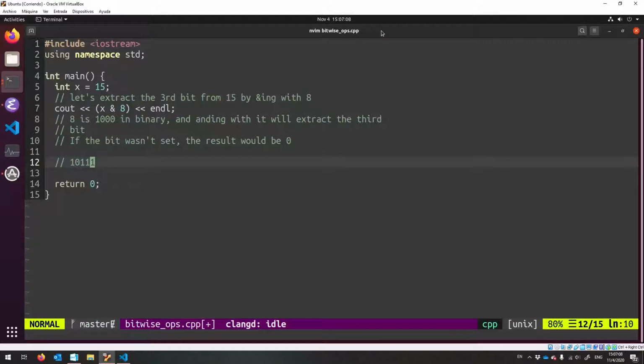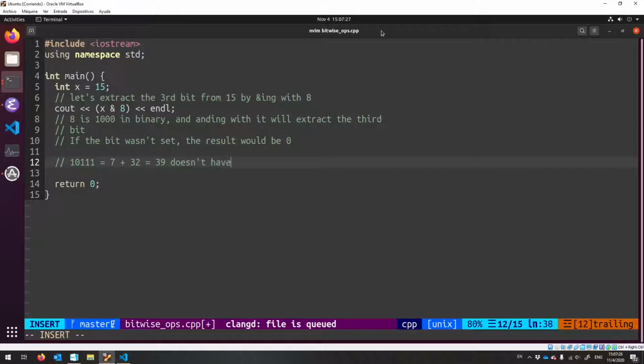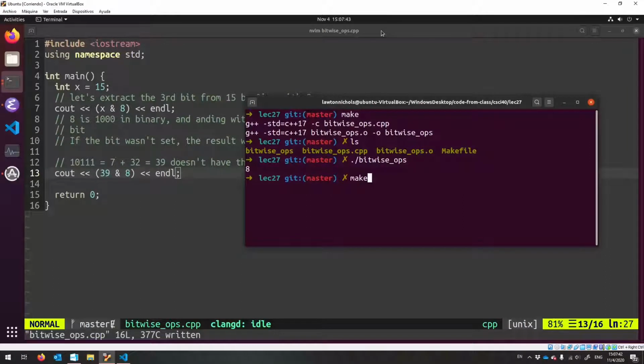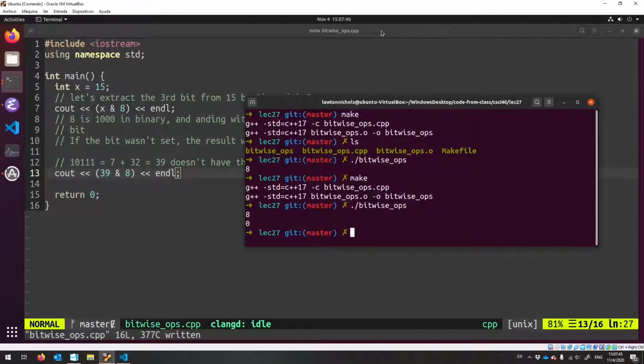So it's going to be 4 plus 2 plus 1, which is 7, plus not 16, but 32, equals 39, doesn't have the third bit set. So if I do cout 39 AND 8, this will actually print out 0, because that bit is not set. Make 0, okay?